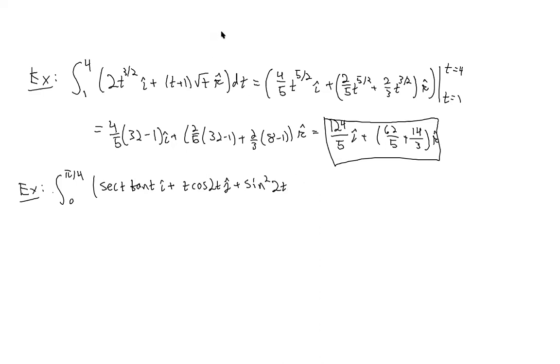Actually, I'm going to clean that up just a little bit to reduce ambiguity. Cosine of 2t, cosine of 2t. Okay.